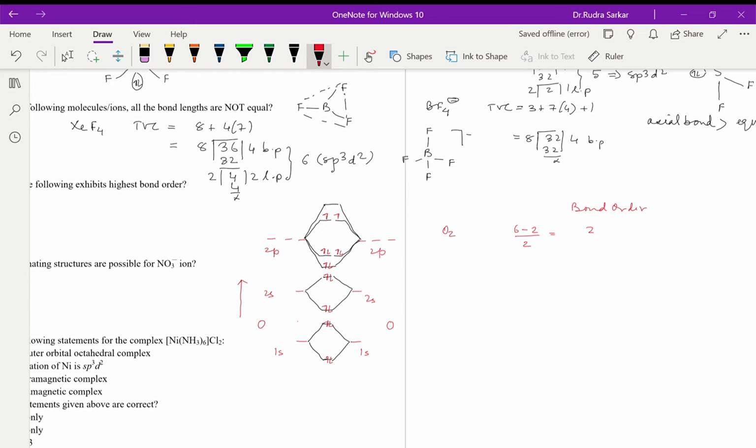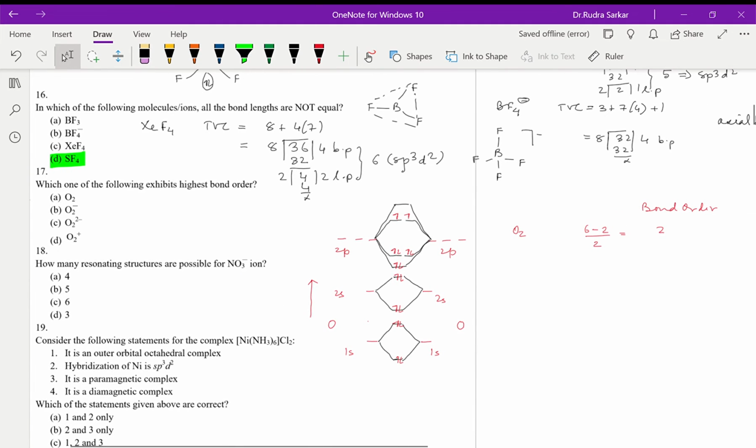Now if you think of O2 minus, that means another electron over here, additional. So for a O2 minus, it will be 6 minus 3 by 2. That means it is going to be 1.5. For a O2 2 minus, that means another electron over here. So that means it is going to be 6 minus 4 by 2, which is going to be 1.